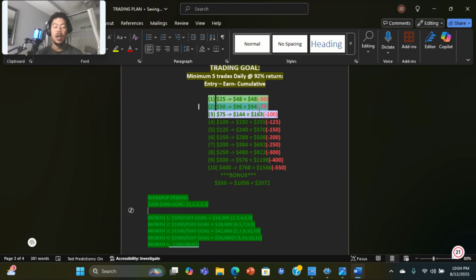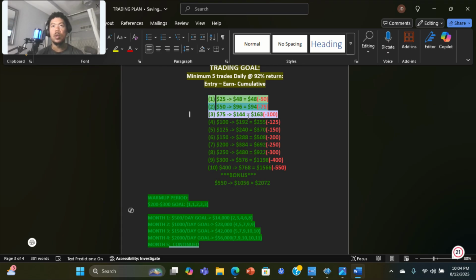If you were doing a 10-point trading plan and following this, this is exactly what the figures would look like. If you want to gradually build up to get 1,500 in a day, doing 10 trades, you can do that. The issue is getting five in a row is hard.